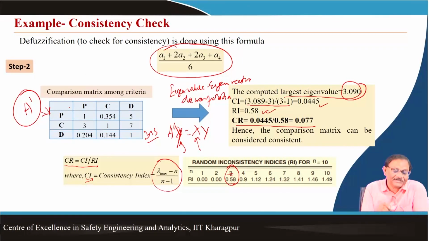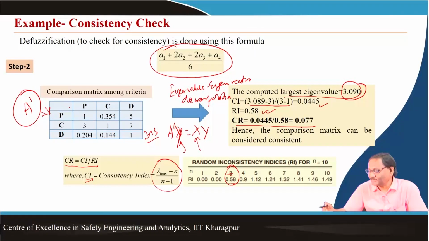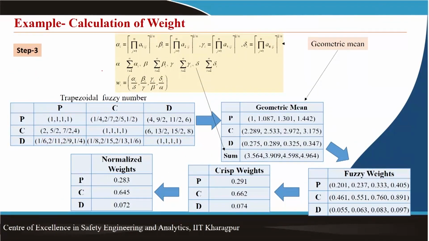Now you can use this weight, use this matrix. So it is satisfied now. So fine, we will use this matrix. Now let us go. Then what is step 3? As the pairwise comparison matrix is consistent, we now want to find out what the weights are. For weights calculation, as I showed you earlier, we will be using the geometric mean.